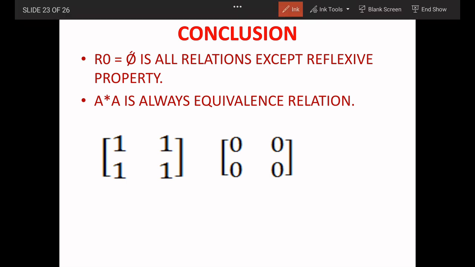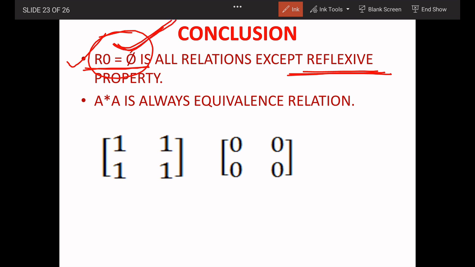Now this is very, very important. Without checking, you can see the first one, R0 equal to 5, is satisfying all the properties of relations, except the reflexive property. So R0 is symmetric, antisymmetric, and transitive.